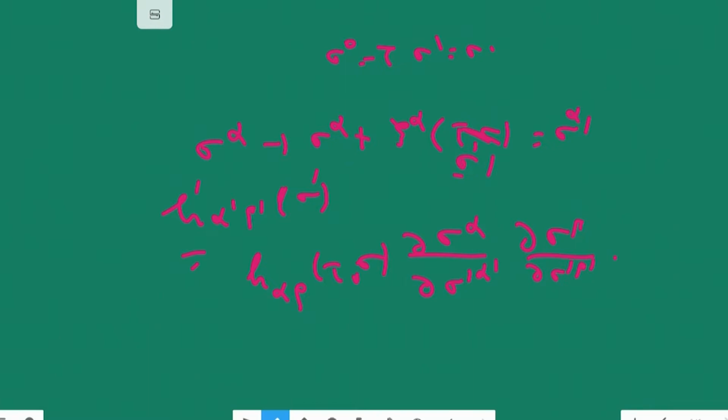So you have the relation that dou sigma alpha by dou sigma dash alpha dash is equal to delta alpha alpha dash plus, or there will be a minus sign because this is a first order term, first order smallest term. So up to first order this will be dou xi alpha by dou sigma alpha dash.